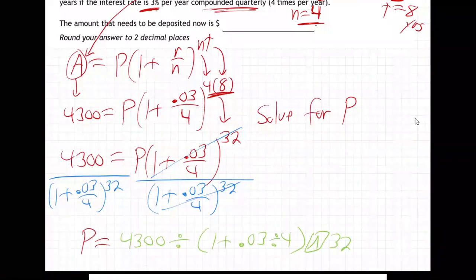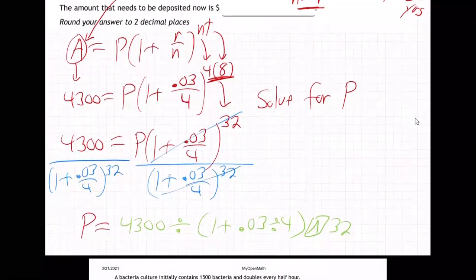So that's what you're going to have to do. It's 4,300 divided by parenthesis 1 plus 0.03 divided by 4 parenthesis to the 32. I'm getting a principal. I got it. P came out to be 3385.53.